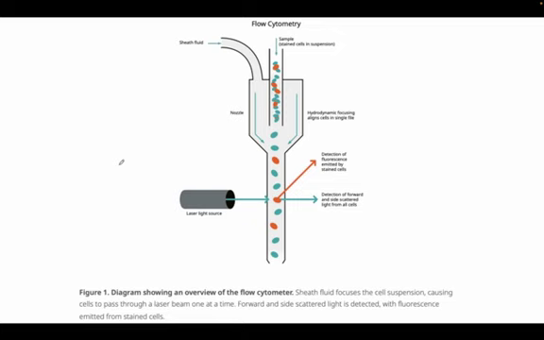Okay, so now that we have discussed the process of microscopy, there is just one more technique that was discussed in this week's content. Okay, that is called flow cytometry.